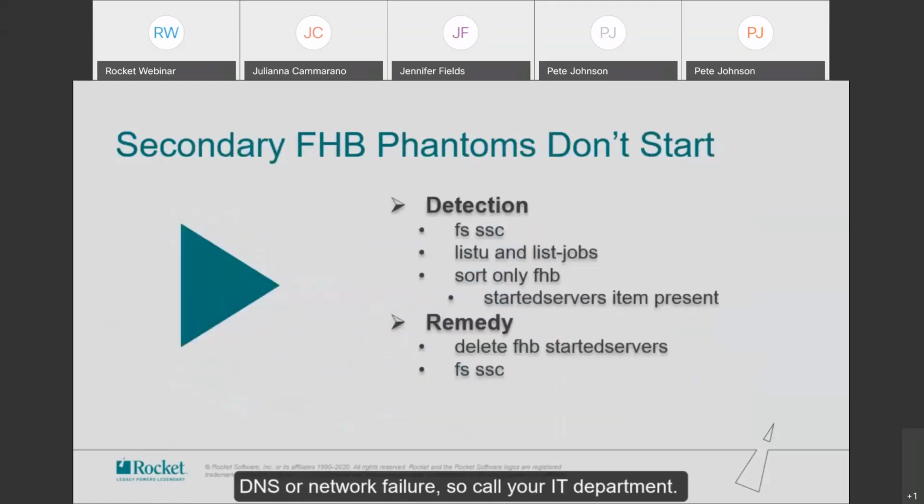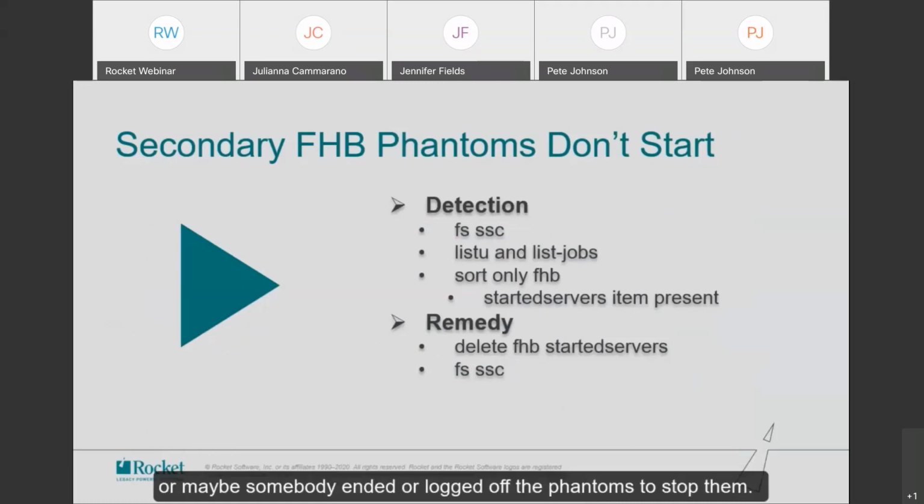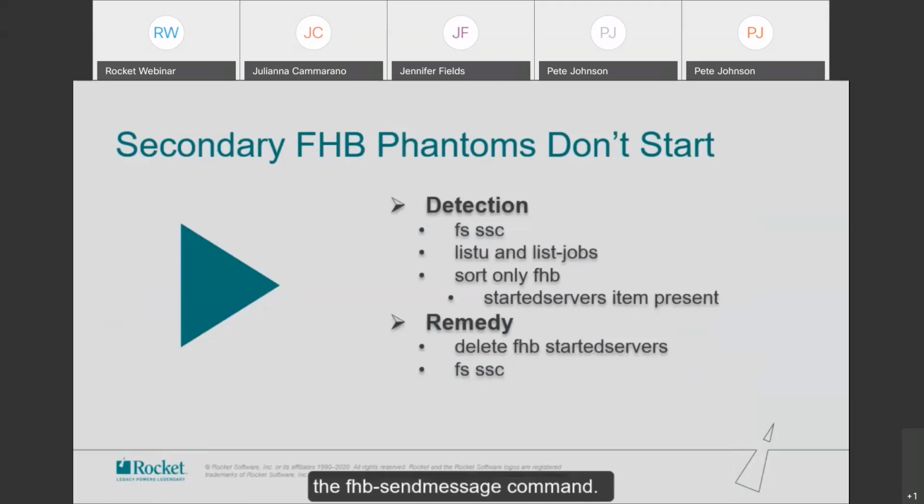The dequeuing phantoms won't start on the secondary. This can happen if the phantoms weren't properly stopped using the FHB send message command main stop command before D3 was shut down on the secondary, or maybe somebody ended or logged off the phantoms to stop them. Either way, there is a started servers item in the FHB file that is removed by the FHB send message command.